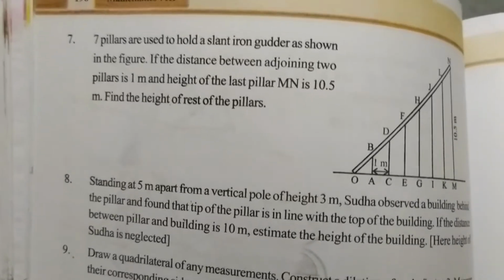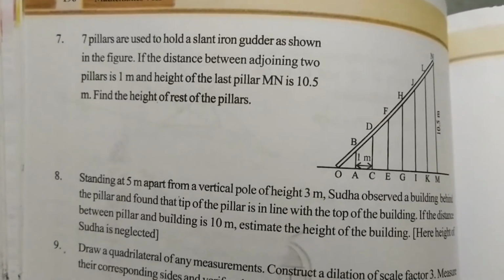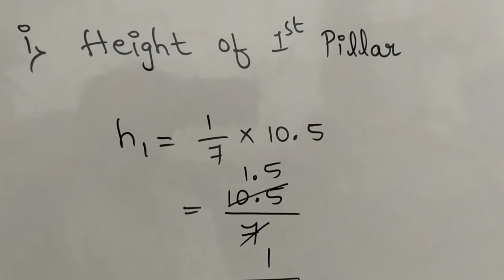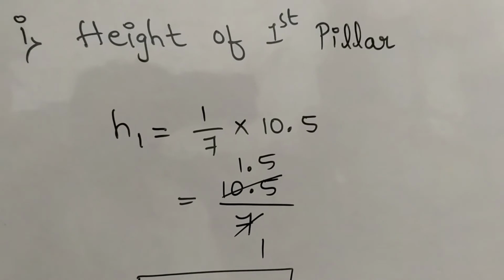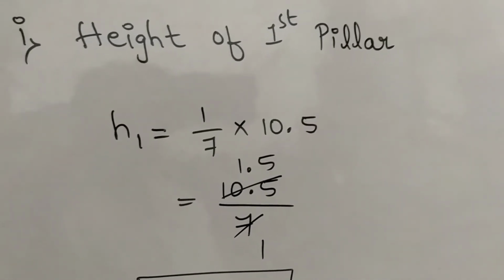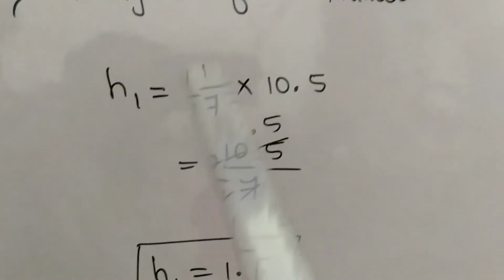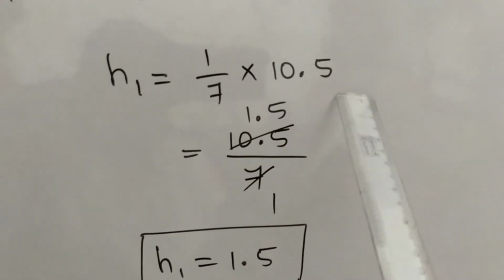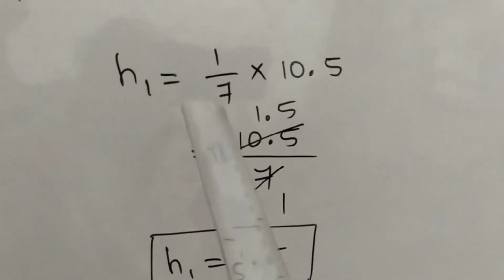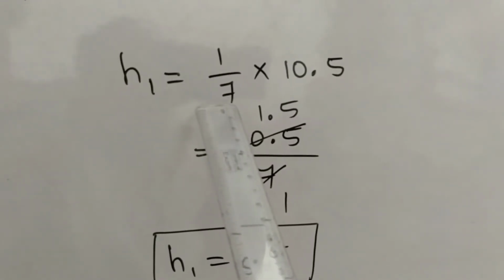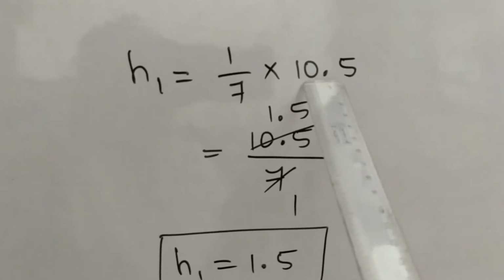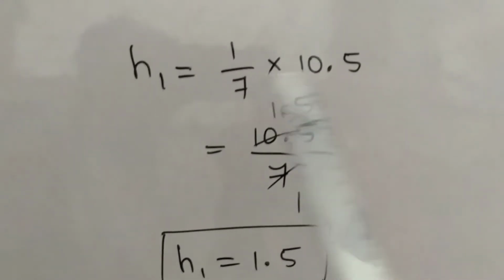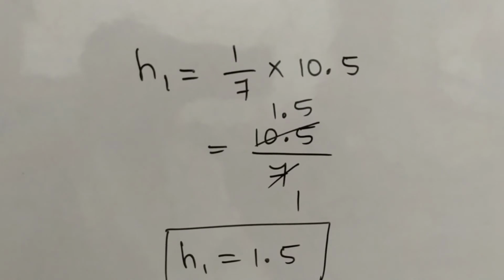In this I will show you one, and you have to do the remaining. So the height of the first pillar H1 is equal to 1/7 into 10.5. First pillar out of 7 total pillars, into 10.5. So 1 into 10.5 is 10.5 by 7.